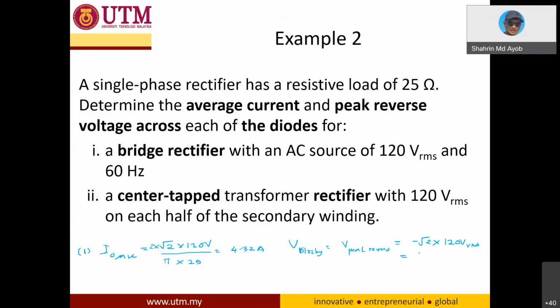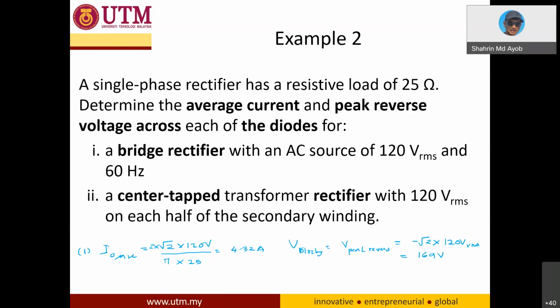So that is the voltage rating for each diode that you must buy. At least 169. And in the market, maybe there is no 169. They may have a 200 volt or maybe 250 volt or 170 volt. So please choose the minimum.